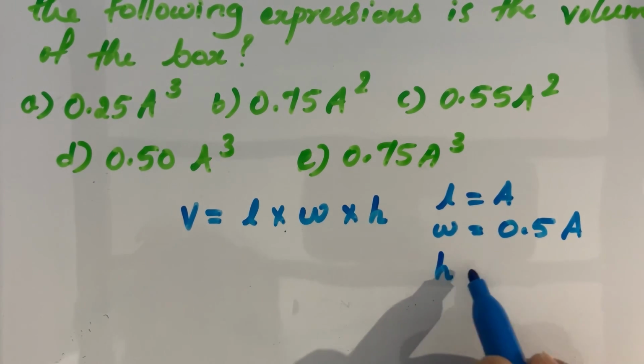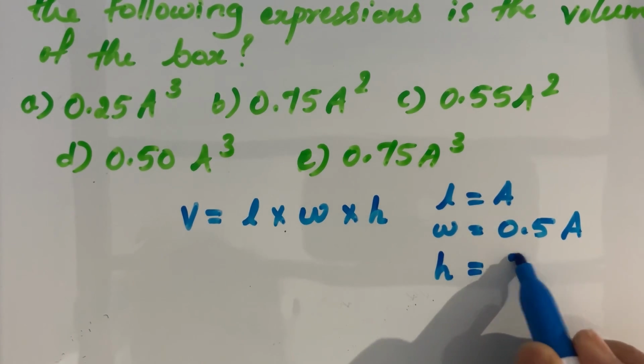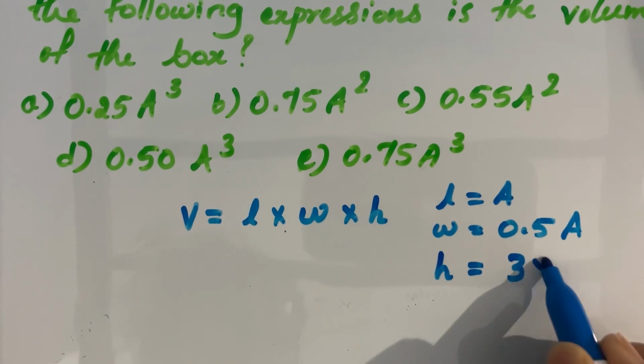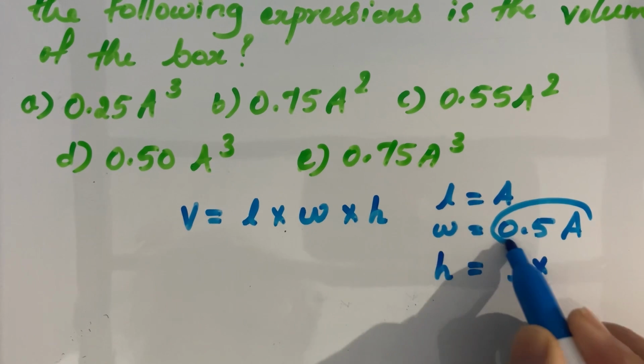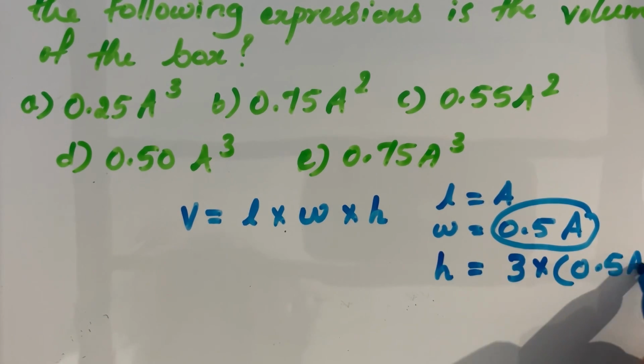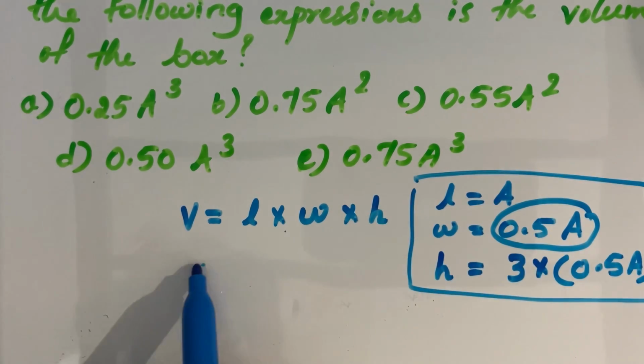And height is given as triple its width. Triple means 3 times its width, 3 times 0.5 A. Now let's put this given information in the volume formula.